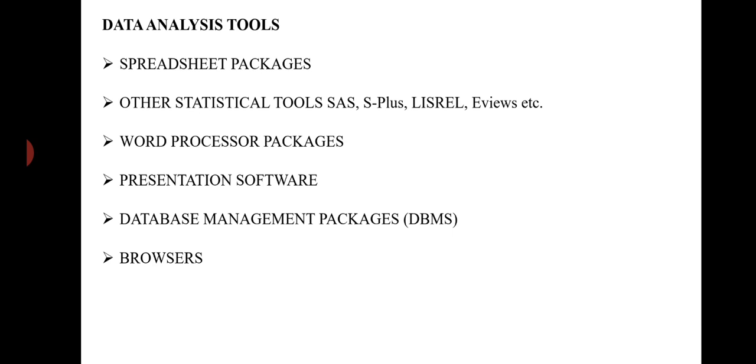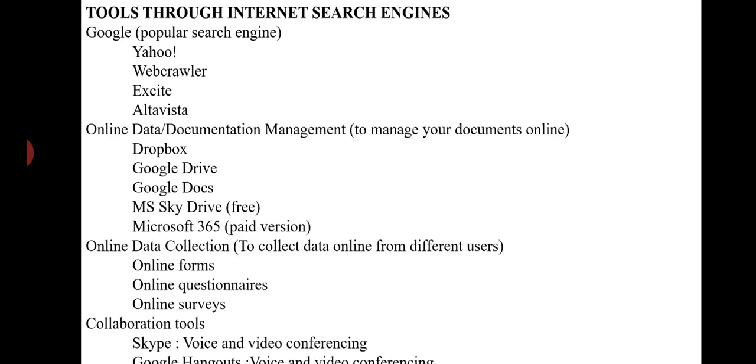Apart from that, there are data analysis tools like a spreadsheet, word processor, presentation software like PowerPoint, and database management packages. Some of the browsers are specified very clearly in this slide.